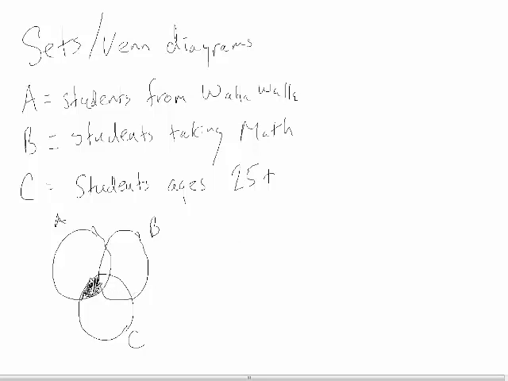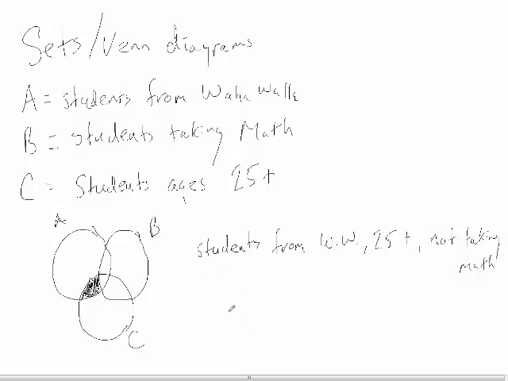Well, it looks like these are students from Walla Walla, who are 25 and older, but not taking math. So they are in set A and set C, but not set B. So they're from Walla Walla, they're over 25, and not taking math.